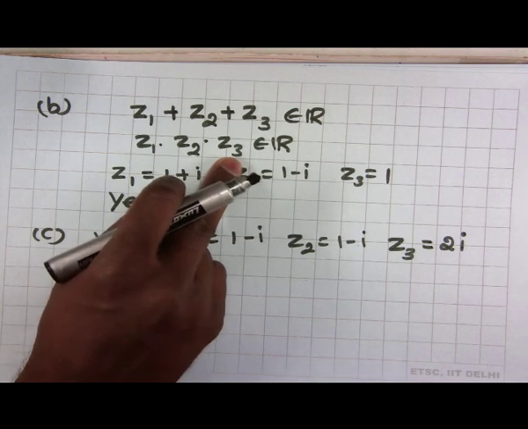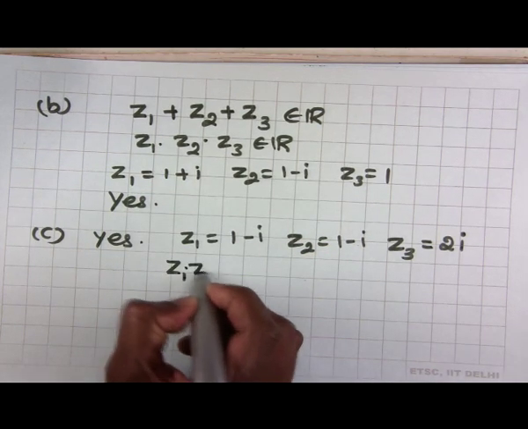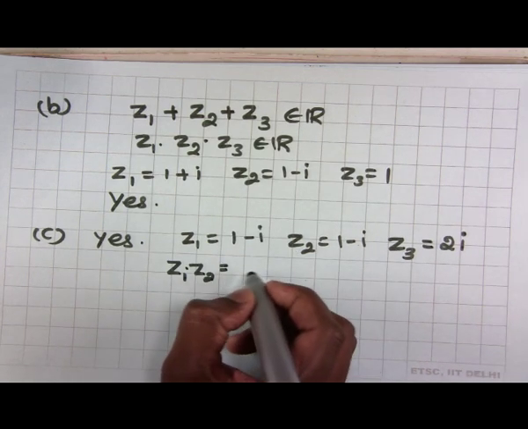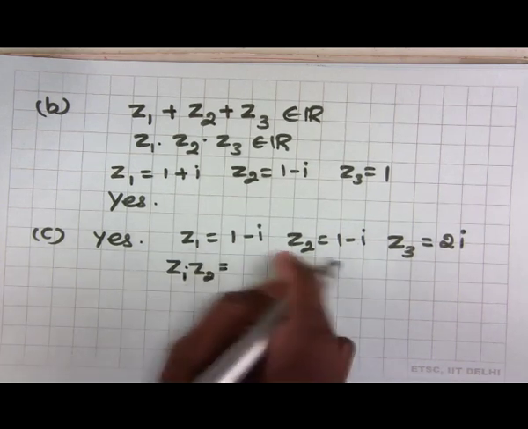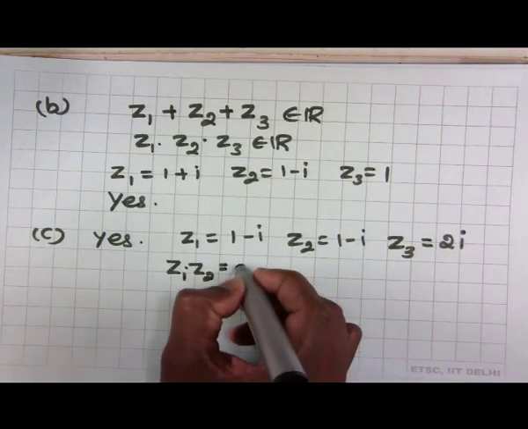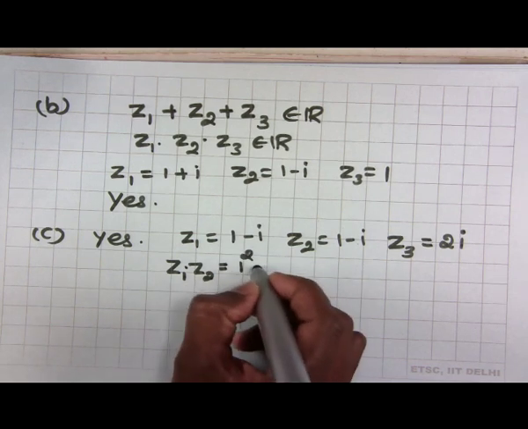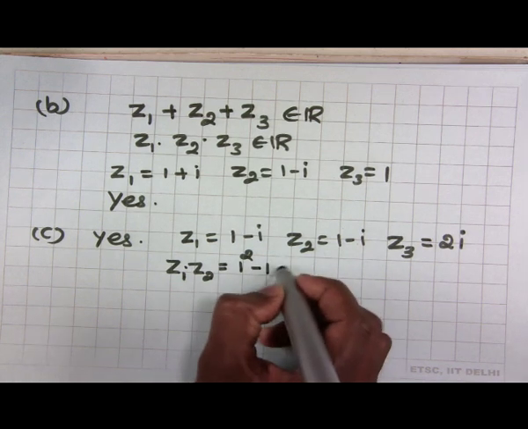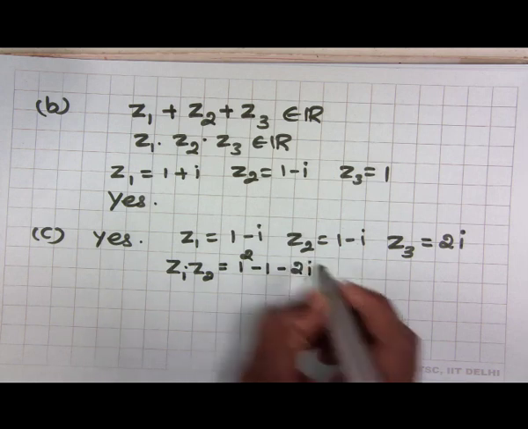But further, of course, we need to see whether the product is a real number. When you do the product, Z1 into Z2, we see that it is exactly Z square. So, Z square is 1 square plus i square, that is minus 1, minus 2 times i.